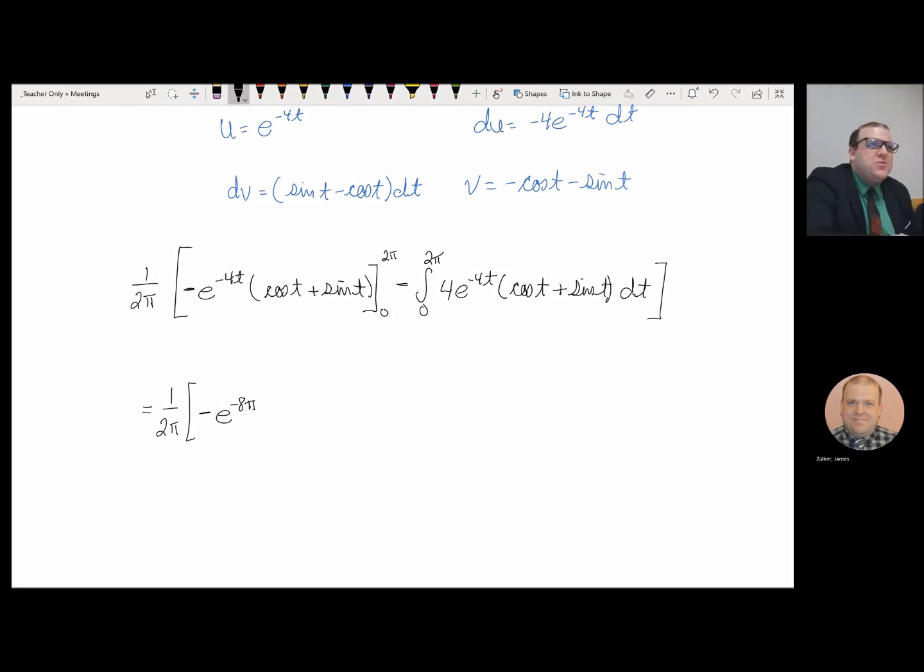So that term's just 1, so it's just negative e to the minus 8 pi. Minus negative, now at 0. e to the 0 is 1. Cosine of 0, right, same as 2 pi, so that entire thing will be 1 as well. So 1 minus e to the negative 8 pi is that evaluation.